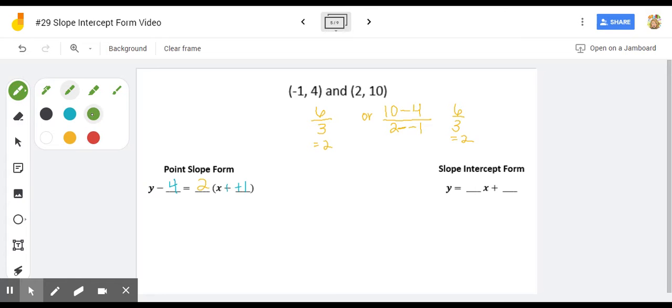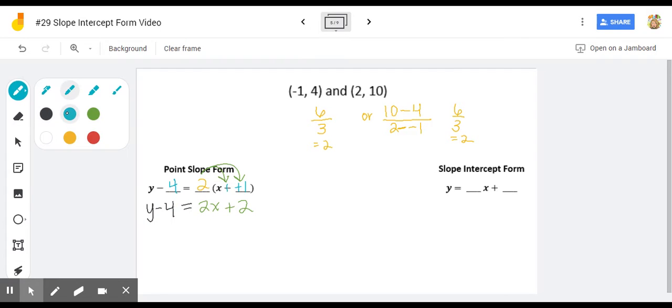So how we do that is we distribute through our slope. 2 times x is literally 2x, and 2 times positive 1 is plus 2. And we keep our y minus 4.